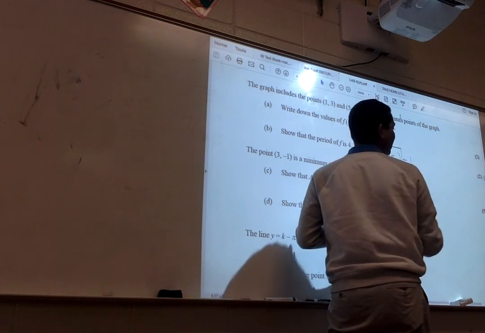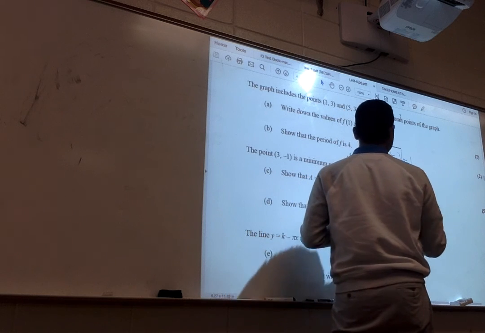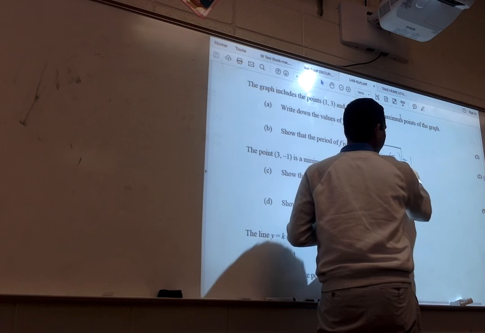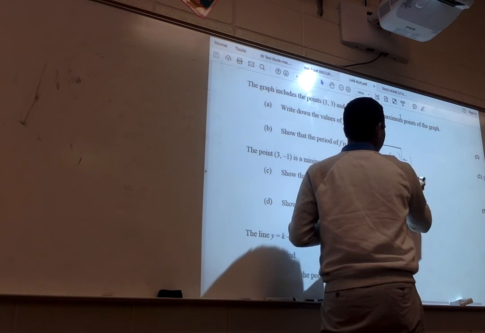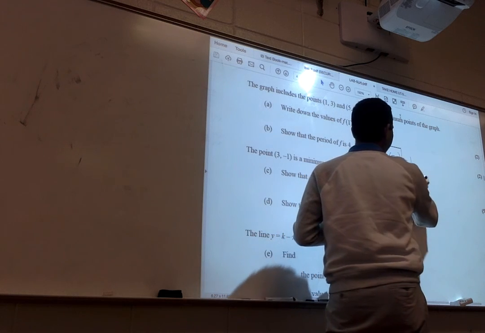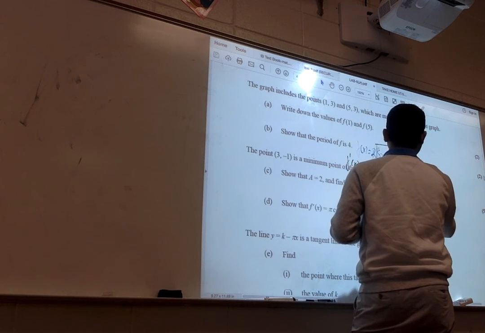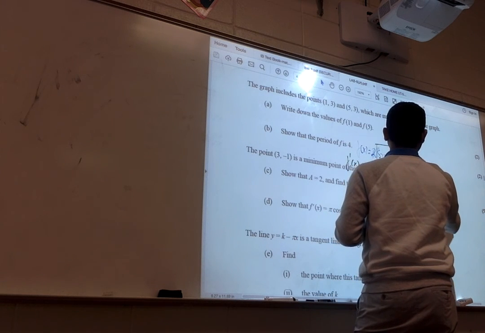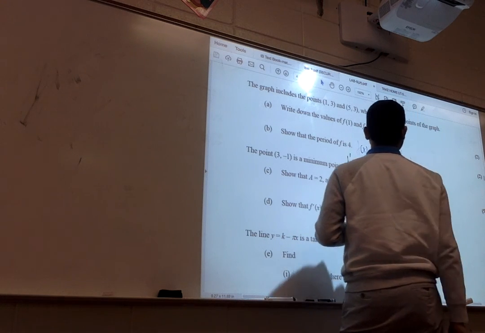Plus, what is the derivative of 1? 0, right? That's constant. So here, 2 times cosine of this times pi over 2 times 1. So 2 and 2 get cancelled out, right? So you are left with pi in the front, so it's pi cosine pi over 2x.